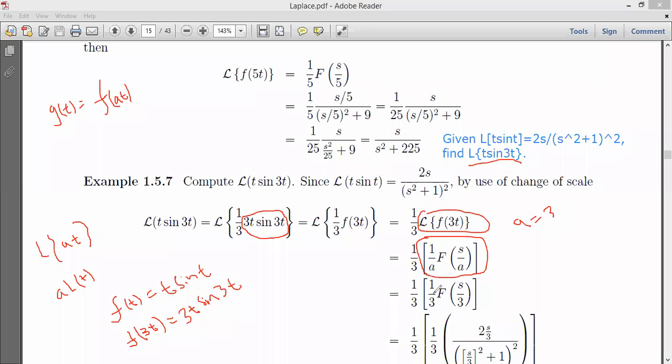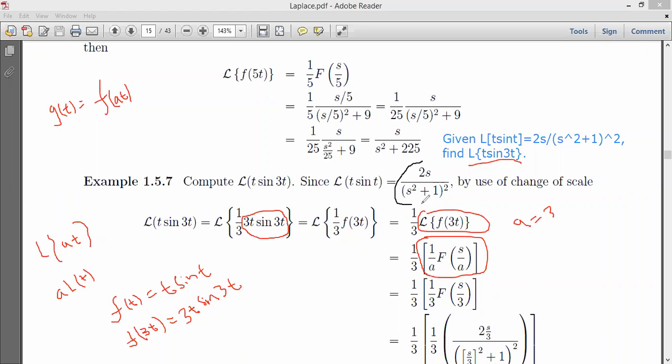And that is why we substitute. The 1 over 3 is this. That is the 1 over 3, 1 over 3. But remember, we already have the L of f of t, which is F of s. So since we know F of s, be mindful that this whole thing here, I will label it in black.